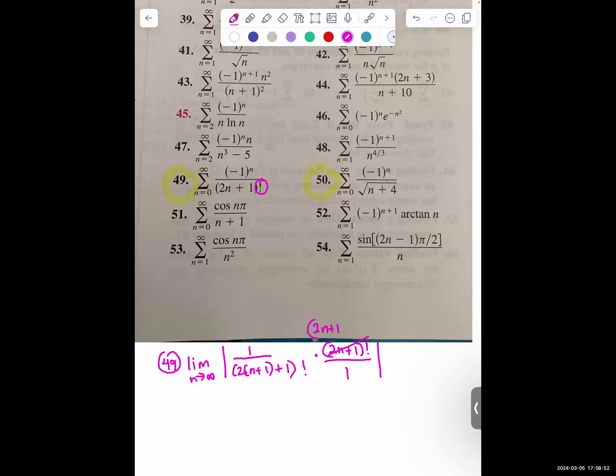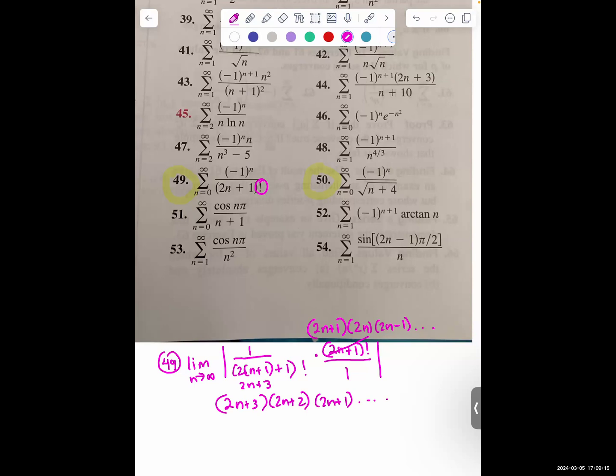(2n plus 1) factorial is 2n plus 1 times 2n, and then 2n minus 1, dot dot dot. And on the bottom, you have 2n plus 2 plus 1, so 2n plus 3. So this ends up being 2n plus 3 times 2n plus 2 times 2n plus 1 dot dot dot.